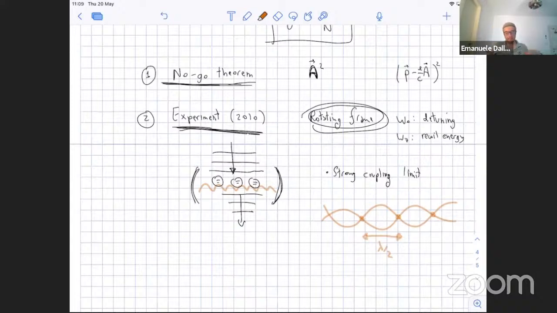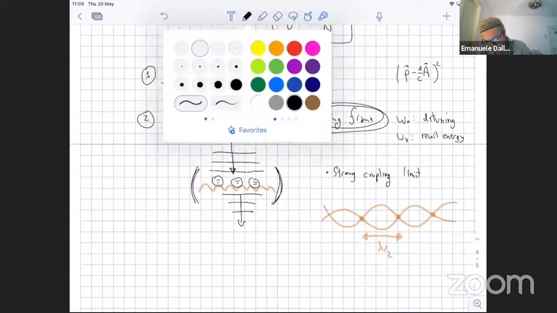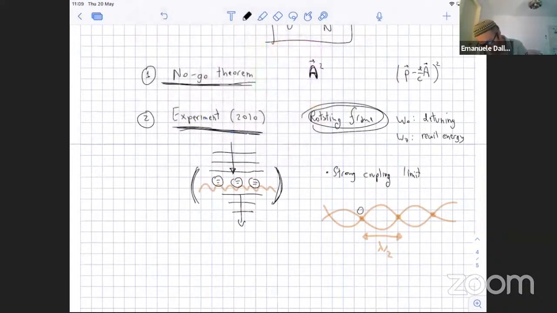So the potential, let's assume, is so strong that all the atoms fall only on the nodes. Now, the nodes, however, are different, so how can we describe such a situation?